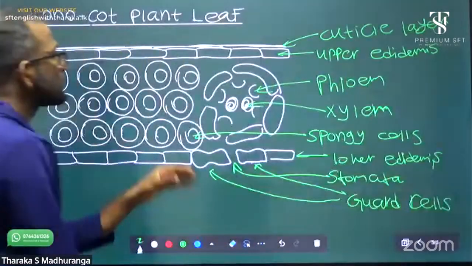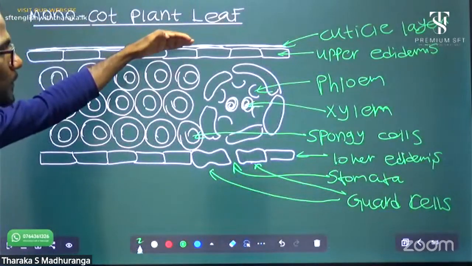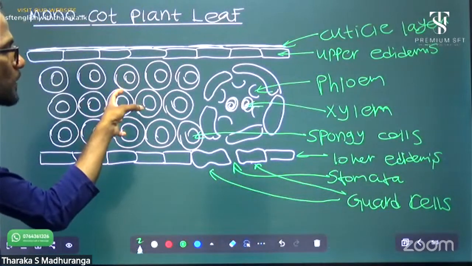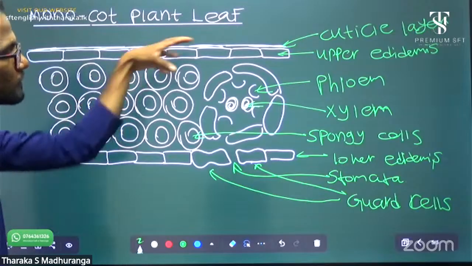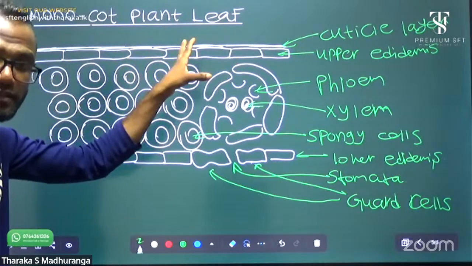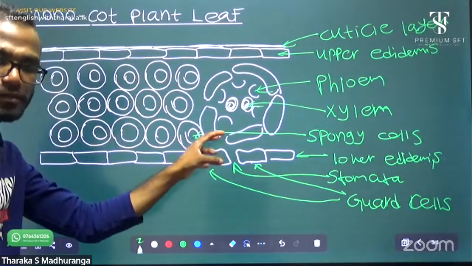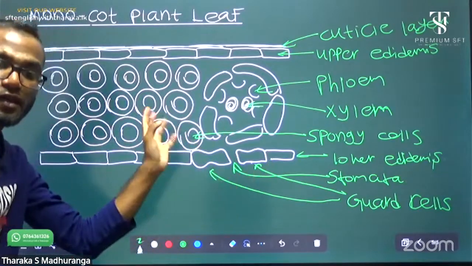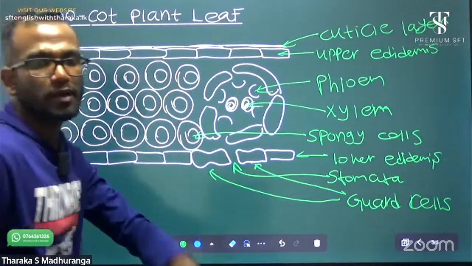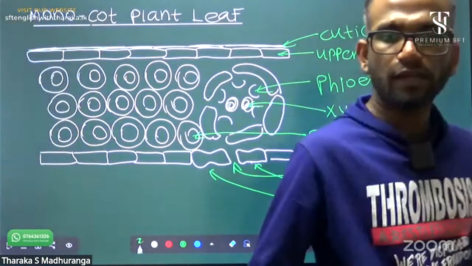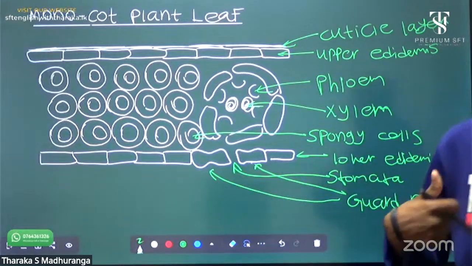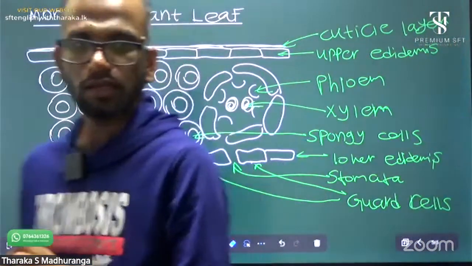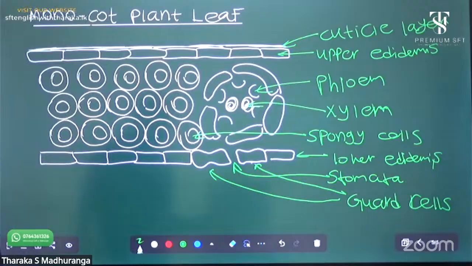This is monocotyledon: cuticle layer, upper epidermis, spongy cells, xylem, phloem, no palisade cells, lower epidermis, and dumbbell shaped guard cells, and stomata. Right? Clear, right?